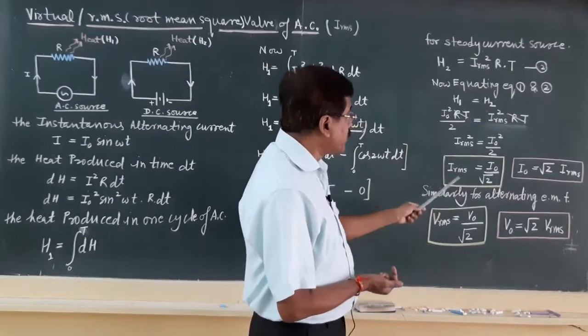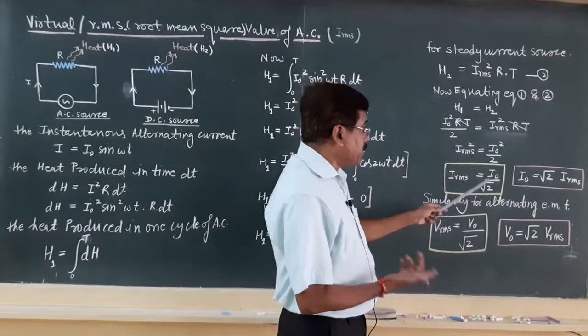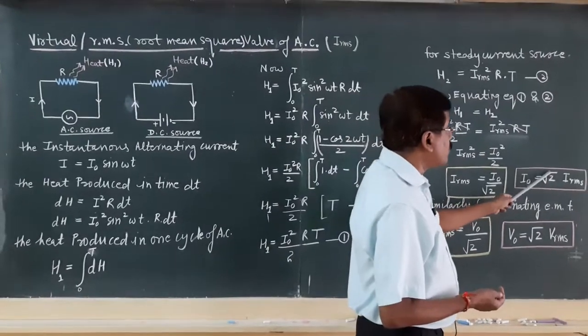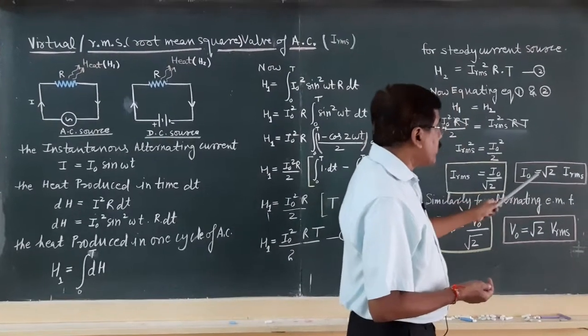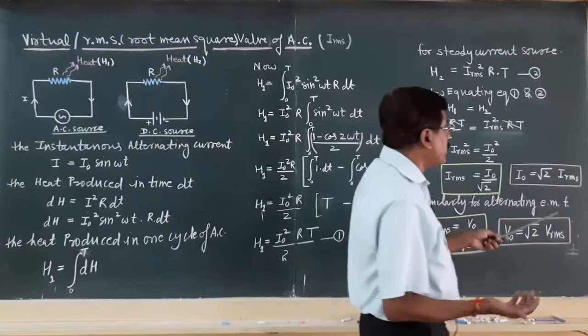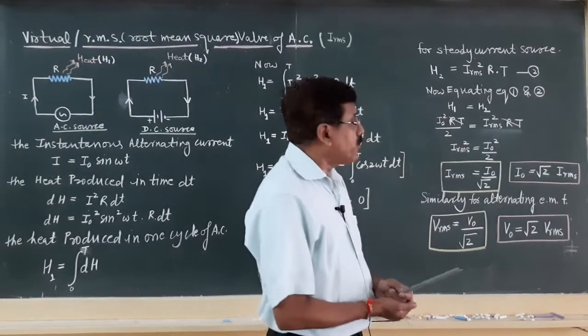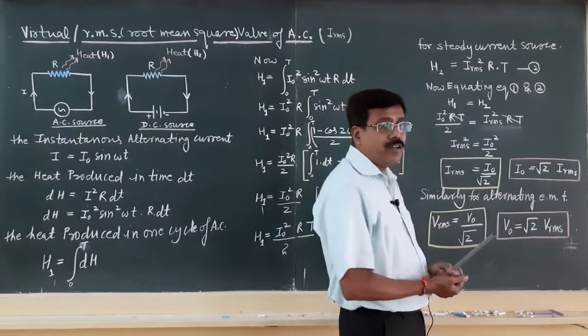From this relation you can say that I RMS is equal to I0 by root 2. It means I0 is equal to root 2 times I RMS. What is I0? I0 is the peak value. What is I RMS? The RMS value of AC. So this is a very important relation between the peak value and the RMS value of current.